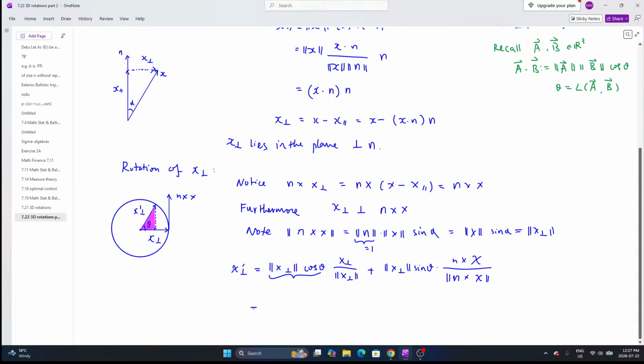So it just simplifies to x perpendicular times cosine of theta, and then plus n cross x times the sine of theta, since x perpendicular has the same length as n cross x.